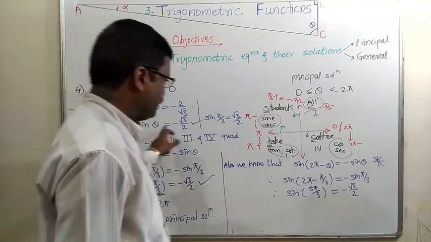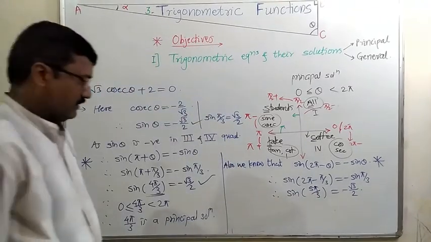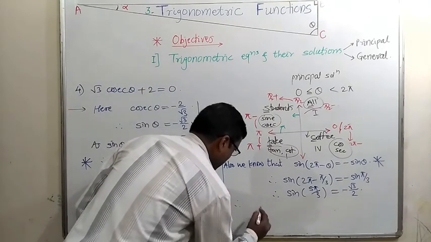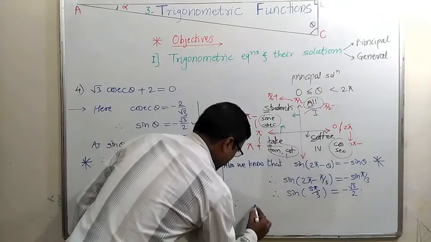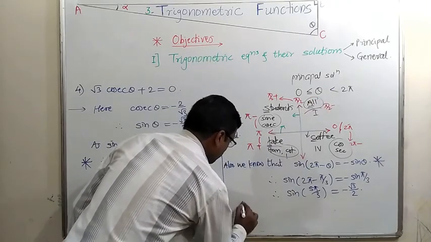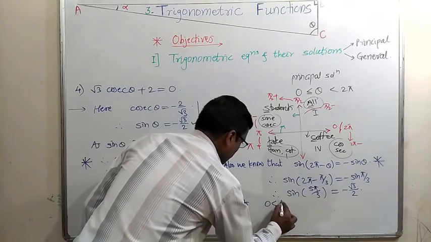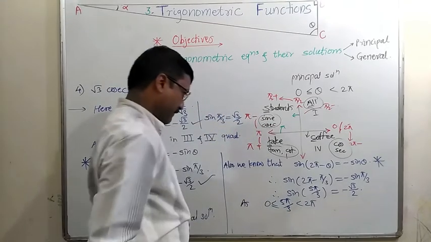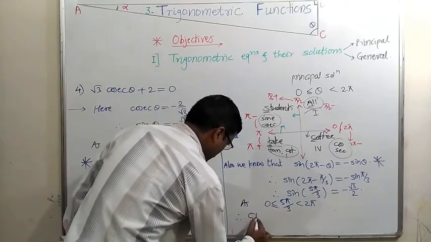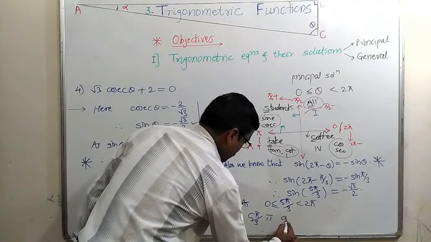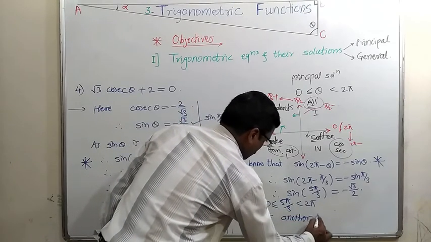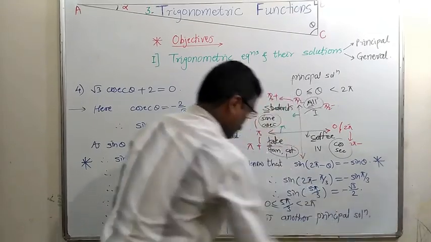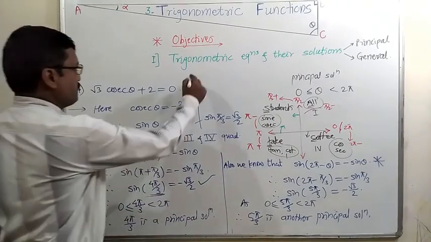Only the difference is that instead of theta, we now have 5 pi by 3. Also, whether it satisfies the condition for a principal solution: 5 pi by 3 is greater than or equal to 0 and less than 2 pi. Therefore, 5 pi by 3 is another principal solution.